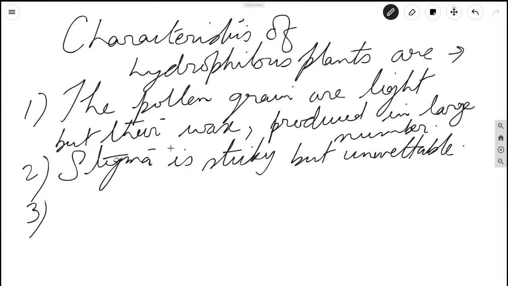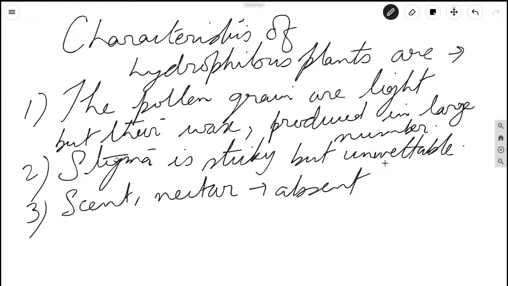Number three, since hydrophily is happening, the fragrance or scent and nectar are absent. Then the flowers are small in size.